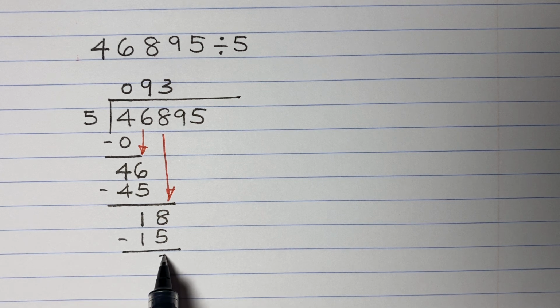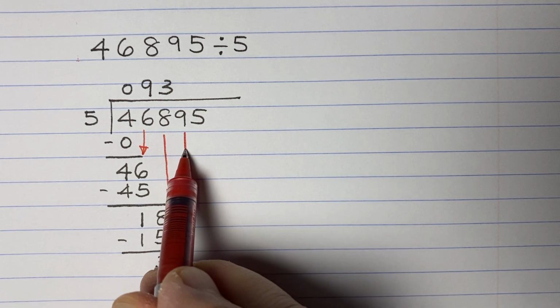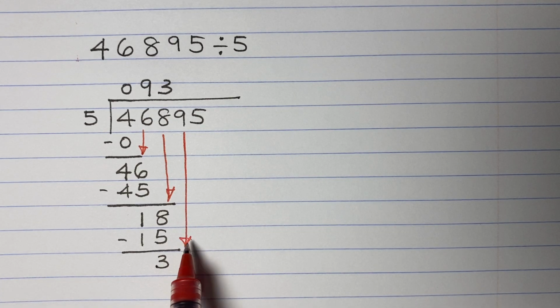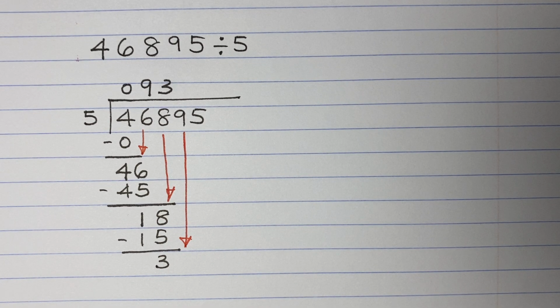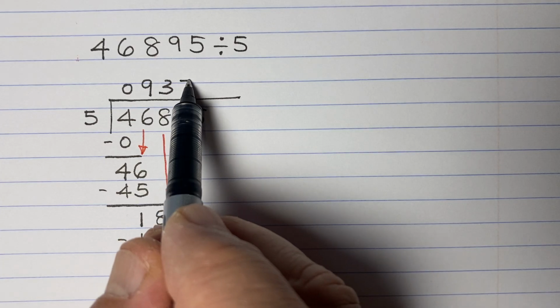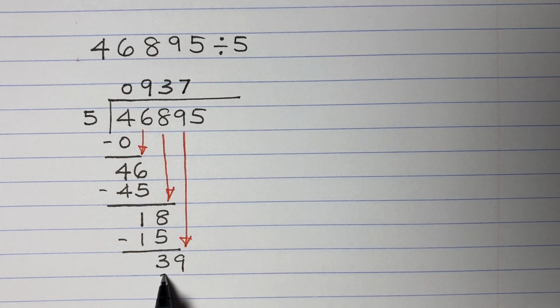Take away, 3. Bring the next digit down. Now we have 39. How many 5 goes into 39? 7. 7 5s are 35. Remove. Just 4 left.